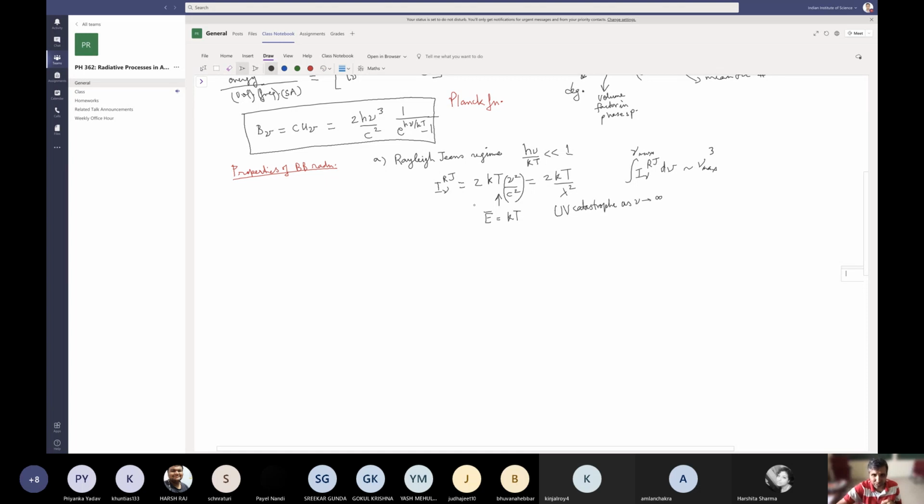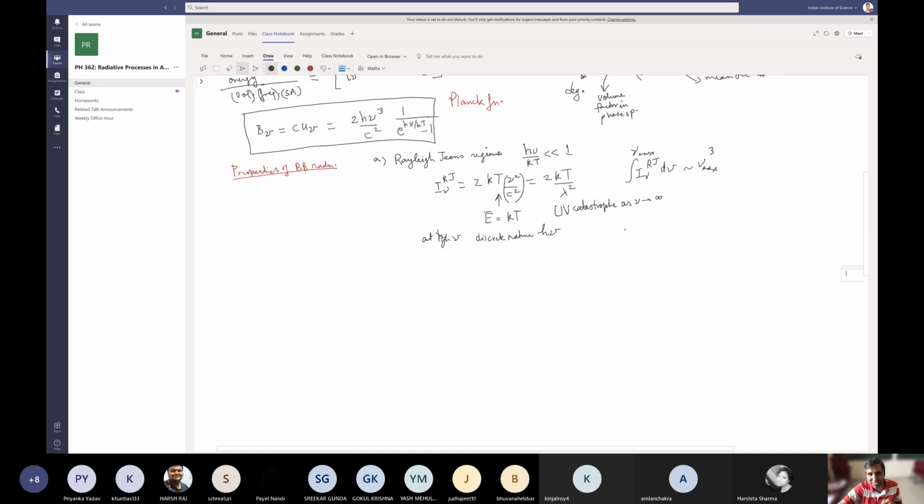So at high nu, you must consider the discrete nature of photons. That is, energy can only be h nu for a given photon.